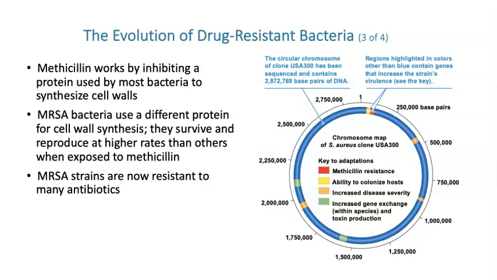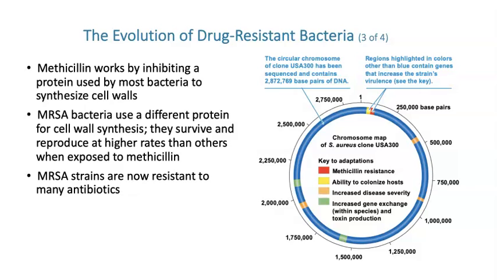Methicillin is interesting because it inhibits a protein that most bacteria use to make their cell walls. And of course, we've talked about this a lot, it's an enzyme used to synthesize the cell wall. If you inhibit this enzyme, then you'd think that the bacteria would die.